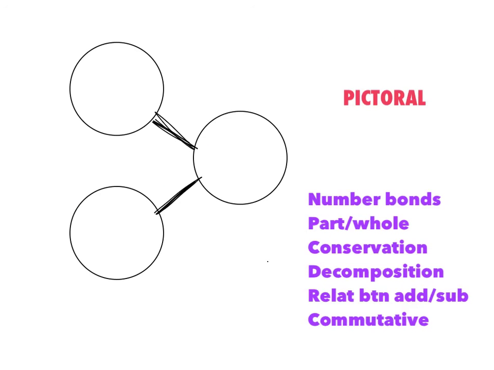Here we have another pictorial method of reinforcing fact fluency. If the students are given the problem 8 plus 6, in their mind's eye, they can take 2 from the 6, adding it to the 8, and they can visualize 10 plus 4, giving us 14.